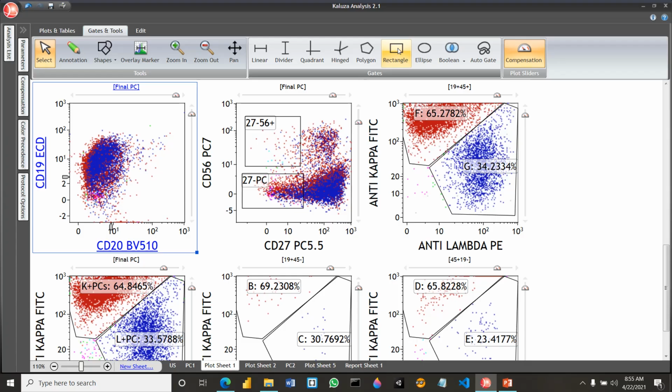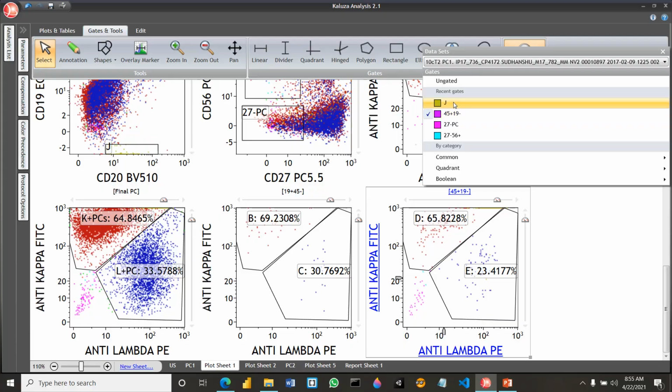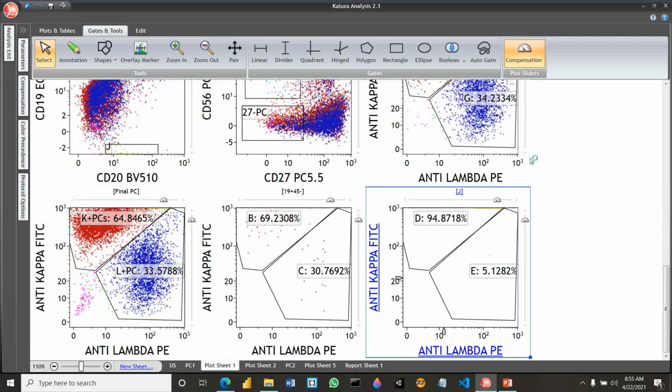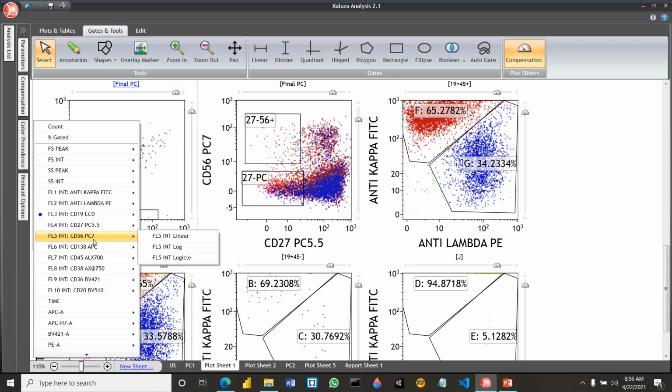There are a few events here. Let's check those events too. It looks like there are a few doublets coming here, which are going for both kappa and lambda. You can check with another marker. Let's see, 45.